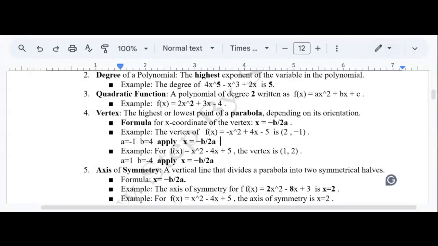So the answer is 2, and it's going to be 2 and 1, minus 1, minus 4, which gives 5.